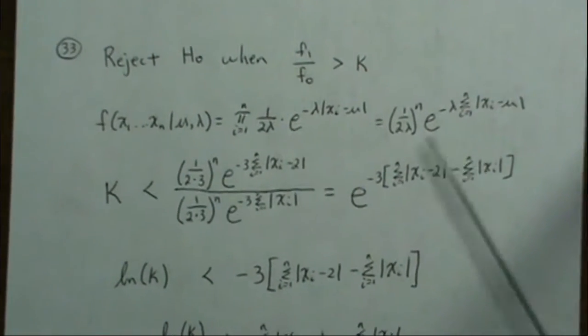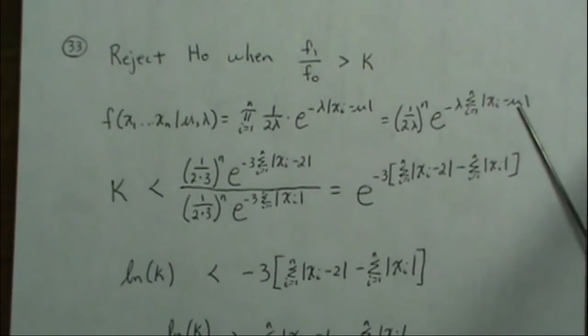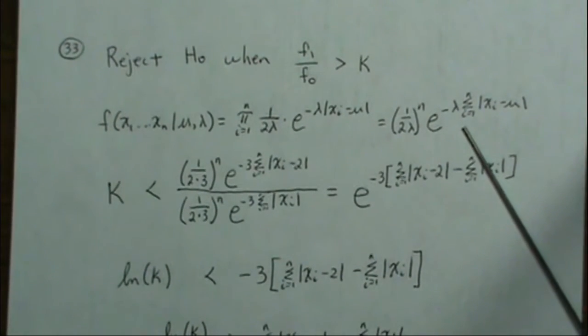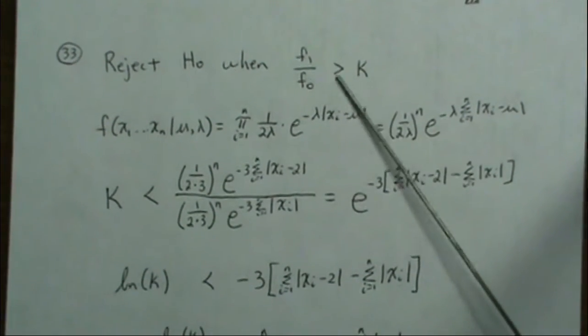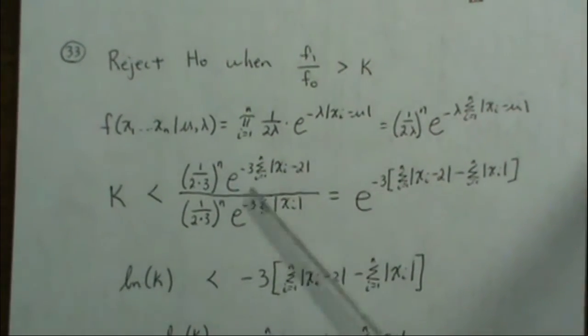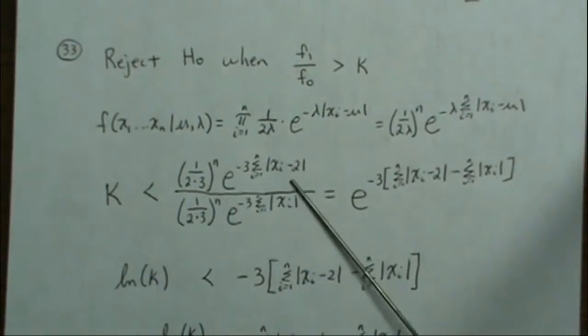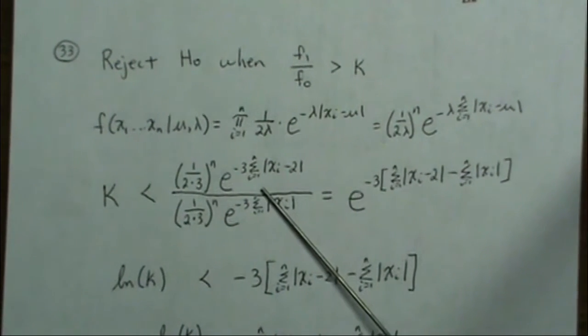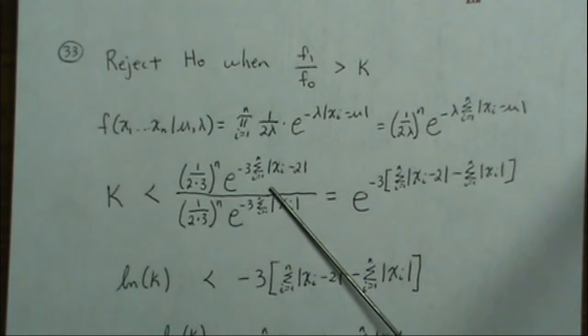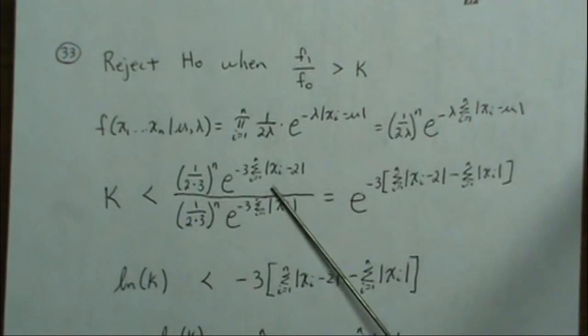Now, I didn't plug in any values for mu yet, or lambda. So we know this has to happen. So k, and this has to be greater than k. So this is the alternative hypothesis, which means mu is 2 and lambda is 3. So you plug in those values.